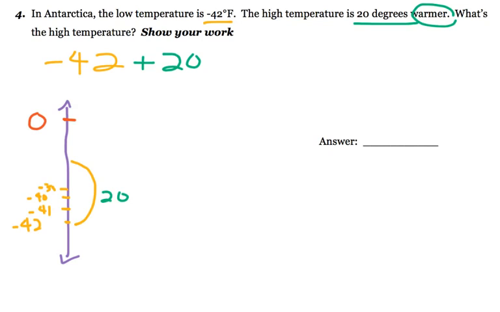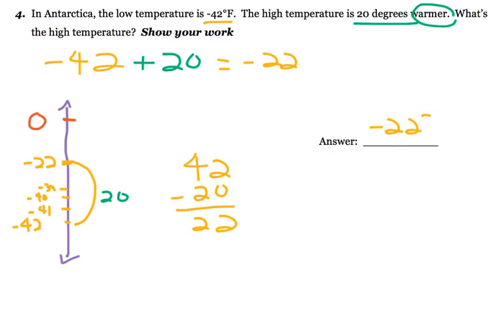So one way to figure it out would be like, all right, so for 42 degrees below zero, and we're going to get closer to zero, we can actually subtract to figure out what temperature we're going to land at. And when we do that, we land at negative 22, and that's actually the answer to this problem. It's negative 22 degrees Fahrenheit.